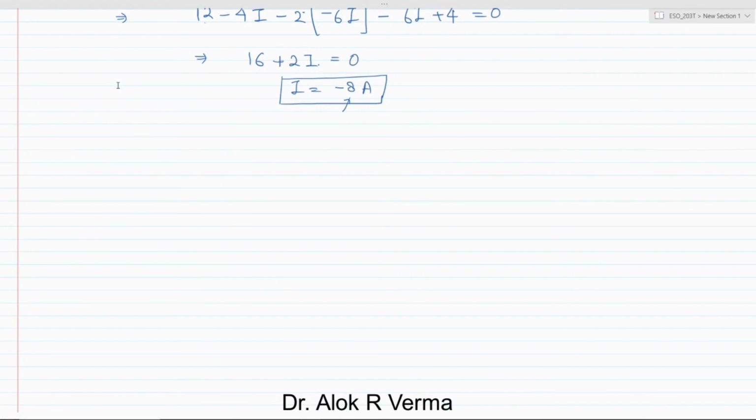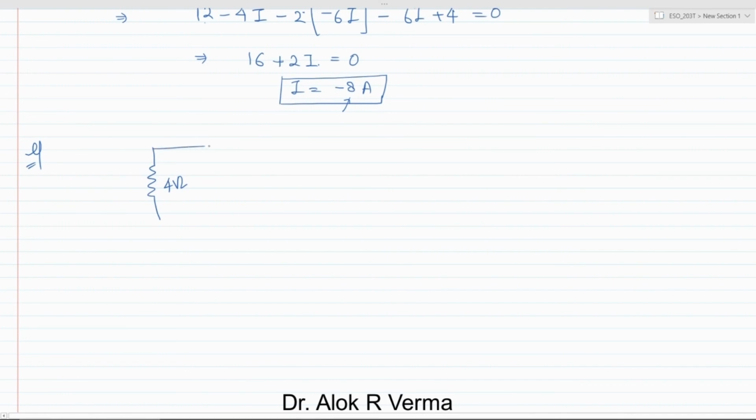So now let us assume a dependent current source and see how we can use KCL. Assume a circuit where one resistor is connected, and that resistor is 4 ohm.